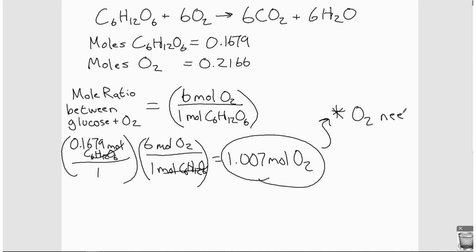So once again, I'm going to label this the moles of oxygen needed to react with the 30.25 grams of glucose. This is how much we need, but we don't have that. Instead, we only have 0.2166.